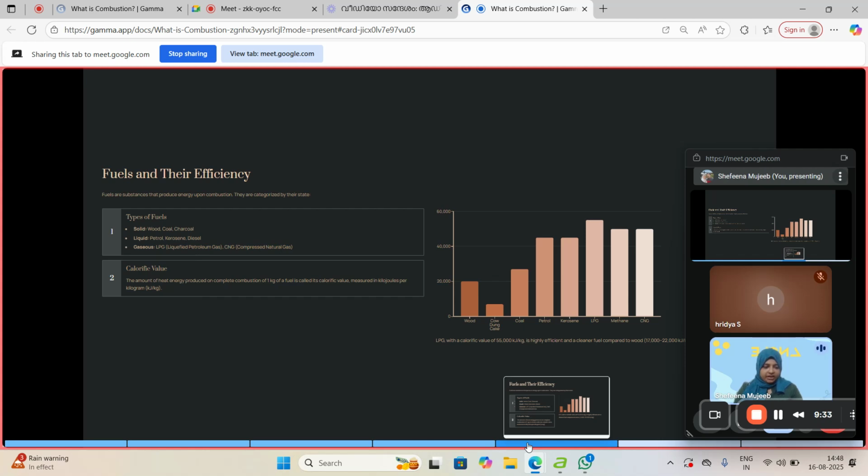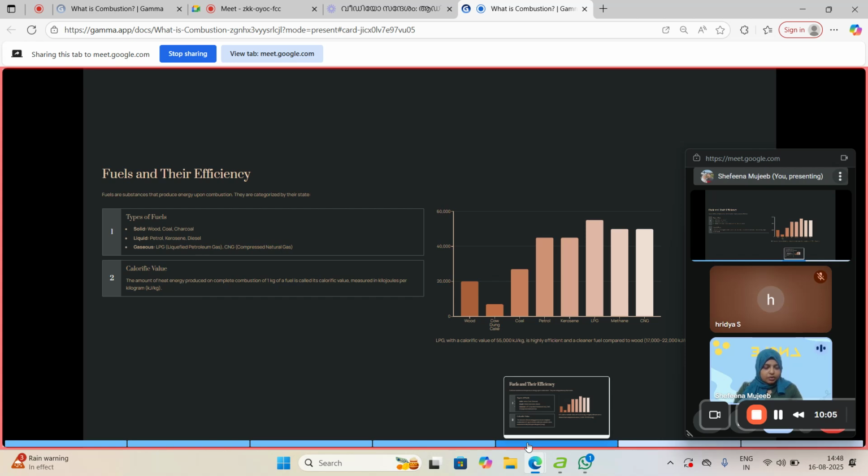The amount of energy liberated or released by 1 kilogram of the fuel is termed the calorific value. The amount of heat energy produced on complete combustion of a fuel is called its calorific value. It is measured in kilojoules per kilogram. From this graph, we can see that our LPG has the highest level of calorific value.